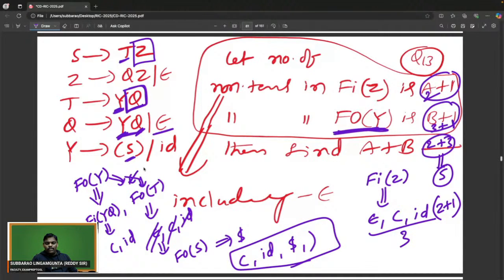Sorry for that. So follow of Y is first of Q. Because of epsilon in first of Q, follow of T also.